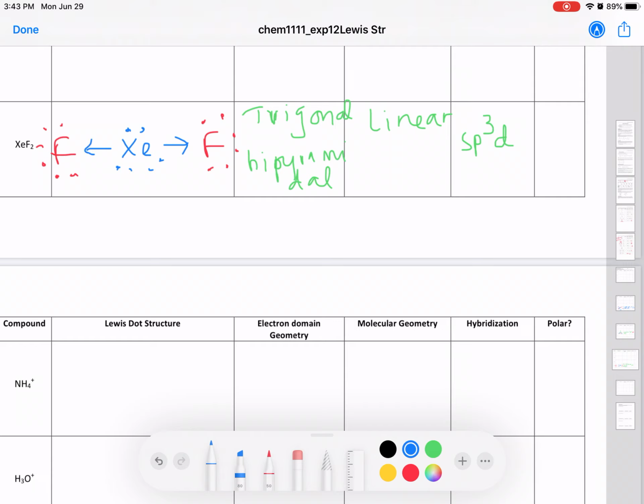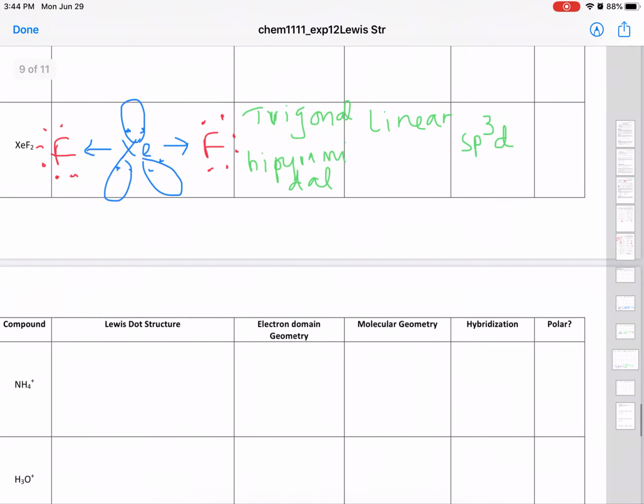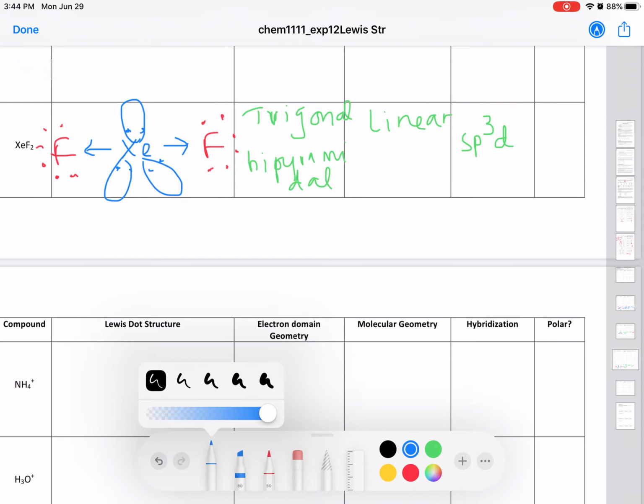Fluorine would be more polar, but it is symmetrical, it is linear, and these are 3 lone pairs. They are in the equatorial position. So as a result, bond polarities will get cancelled. The molecule will become non-polar. Okay, this is a non-polar molecule.